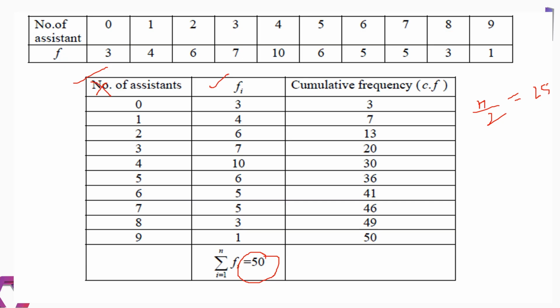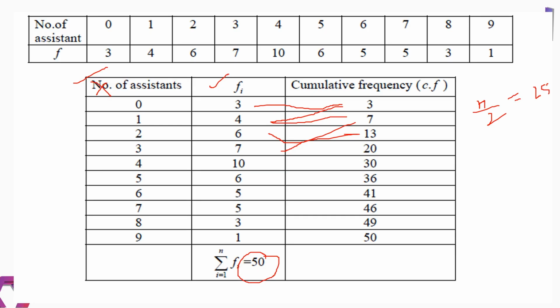This is the simplest way to remember these things. How to make a cumulative frequency is very simple. The frequency 3 stays the same, then 3 plus 4 is equal to 7, 7 plus 6 is equal to 13, 13 plus 7 is equal to 20. This is a continuous sum of the frequencies.